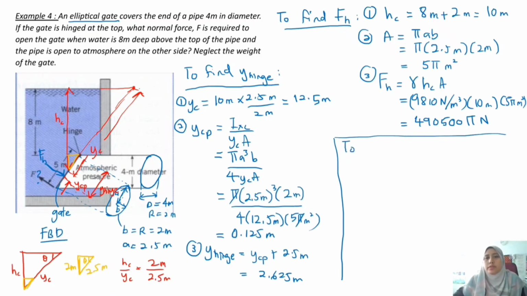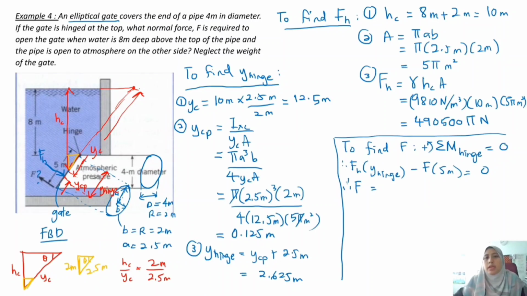Then only you find F by using summation of moment. When the system is in equilibrium, the summation of moment is equal to 0. I assume positive counterclockwise. Therefore, F hinge times Y hinge, which is the perpendicular distance, minus F times 5 equals 0.